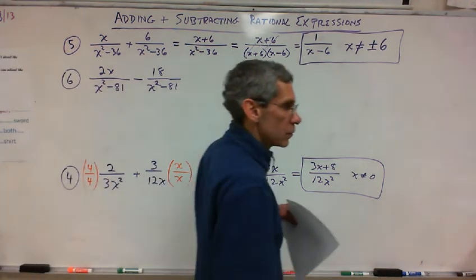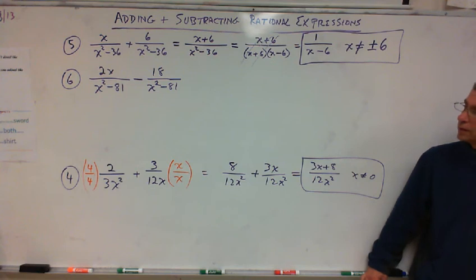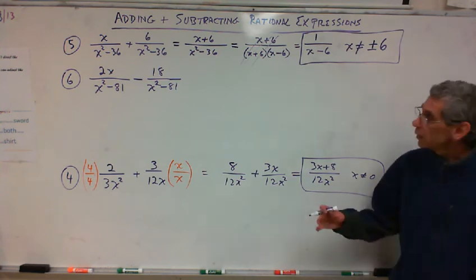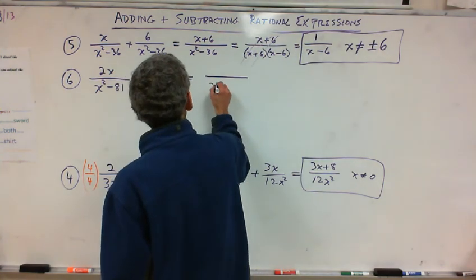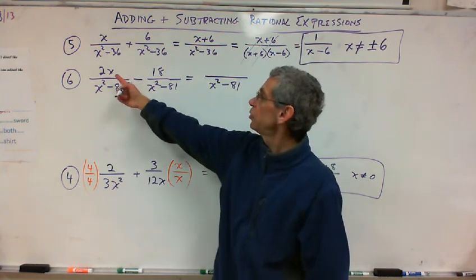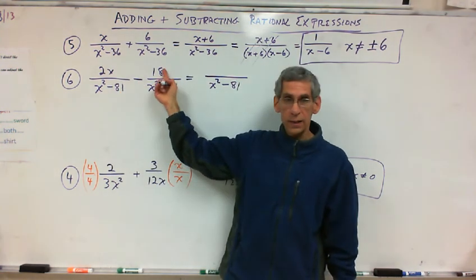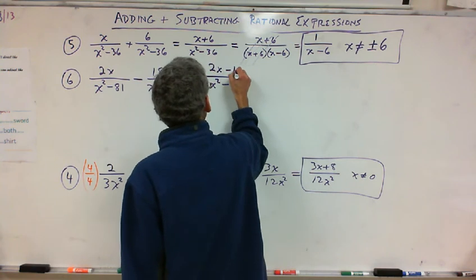Write that one down. So 2x over x squared minus 81 minus 18 over x squared minus 81. So do I have common denominators? Great. So I will go ahead and put that on the bottom, x squared minus 81. And then upstairs I have 2x minus 18, right?